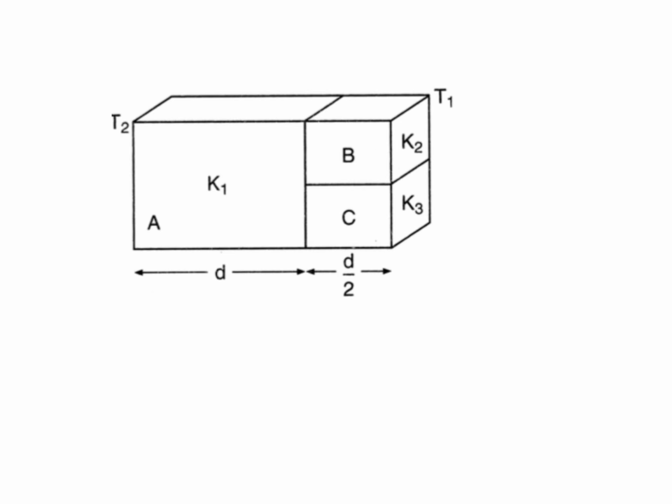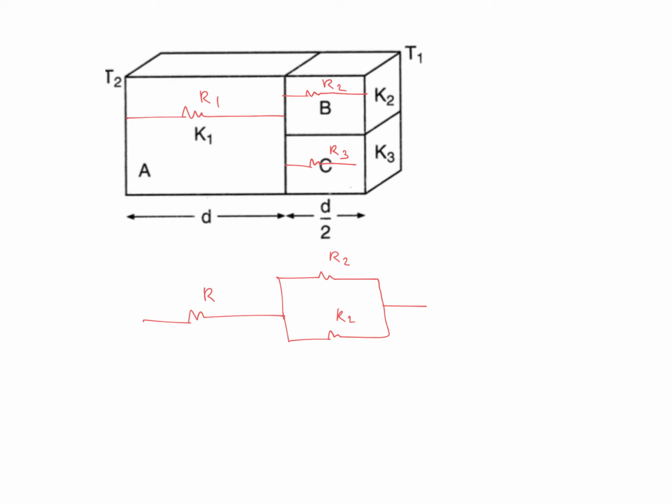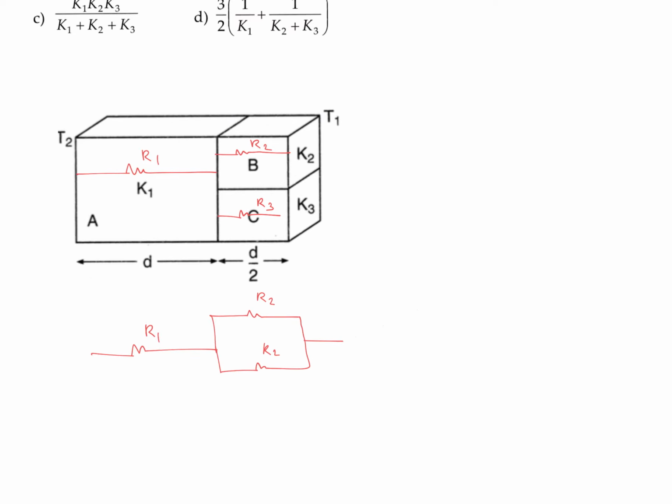There is a resistor of resistance, let's say R1, another resistor of resistance R2, and a resistor of resistance R3. These resistors are arranged such that R2 and R3 are connected in parallel, and that combination is connected in series with the resistor of resistance R1.